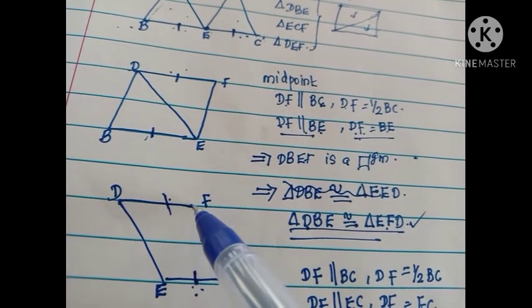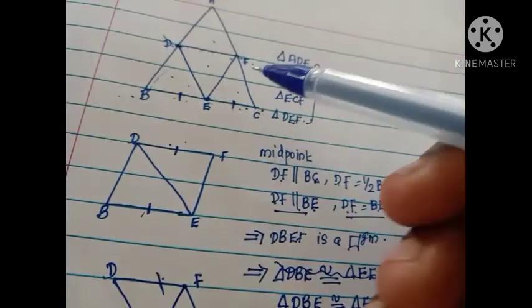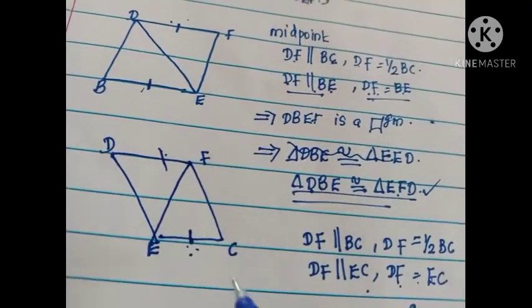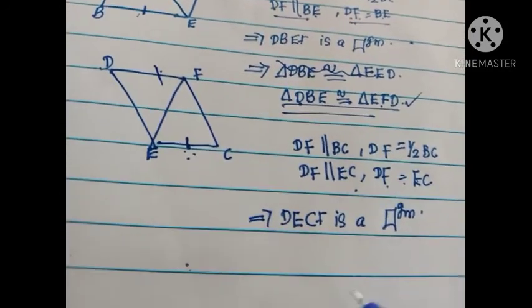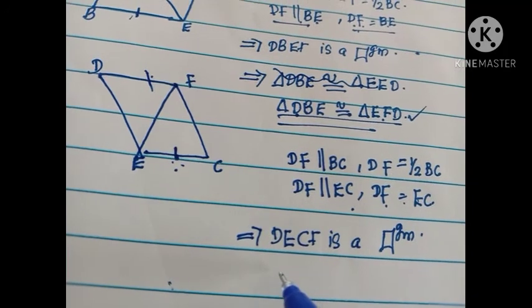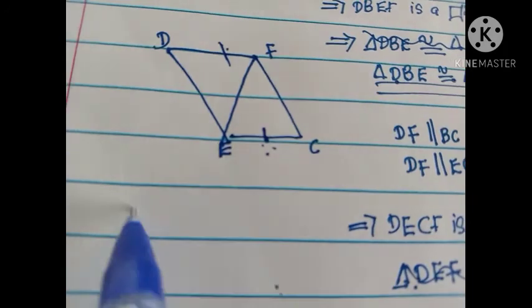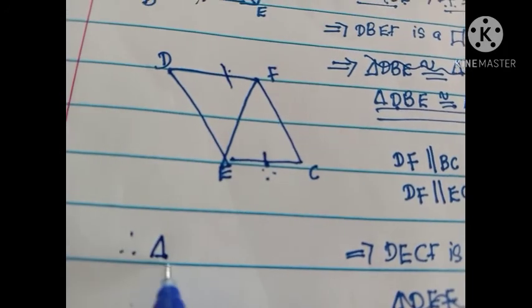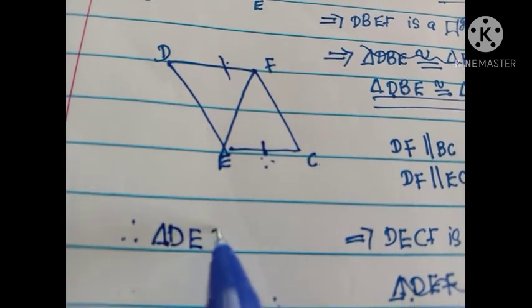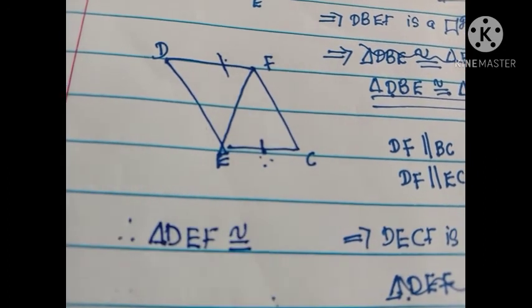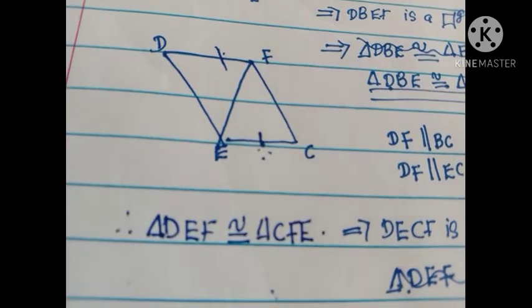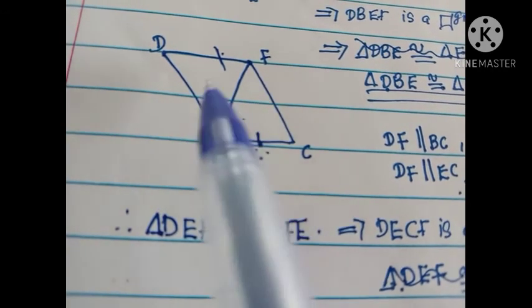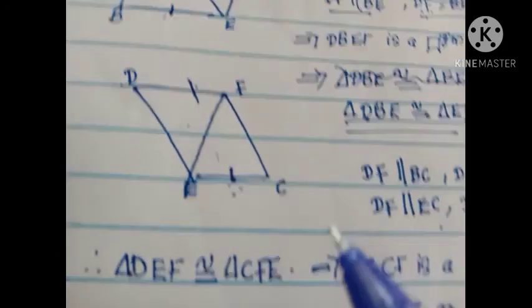So if we join its diagonal, look at here, diagonal EF. This diagonal EF divides the parallelogram into two congruent triangles. What are the triangles? Triangle DEF is congruent to triangle CFE. Okay, these two triangles are congruent to each other.